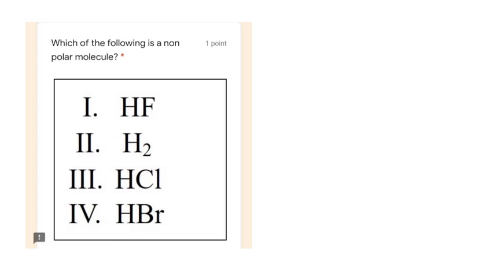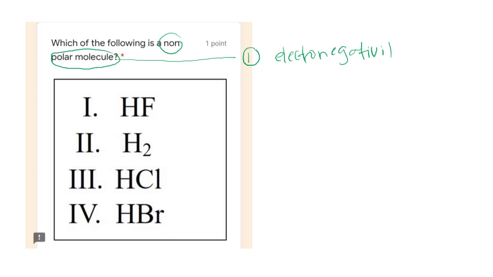Question number 2. Which of the following is a non-polar molecule? There are two types of molecule that will be considered as non-polar molecule. First, if the electronegativity between two atoms is similar. Second is if the compound is symmetrical.